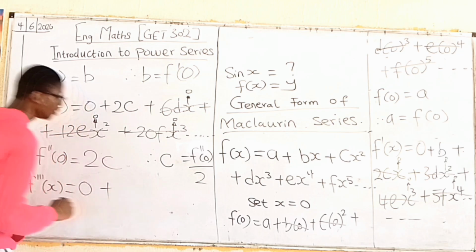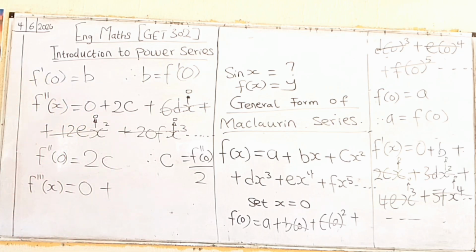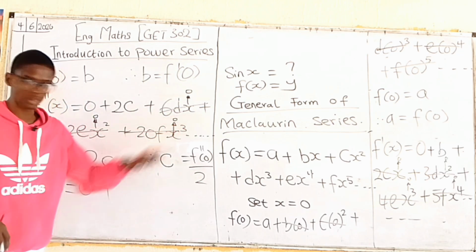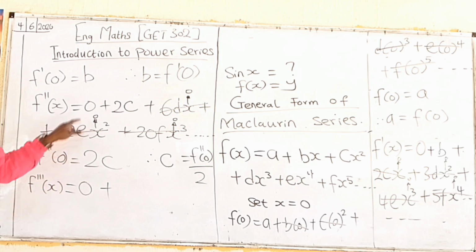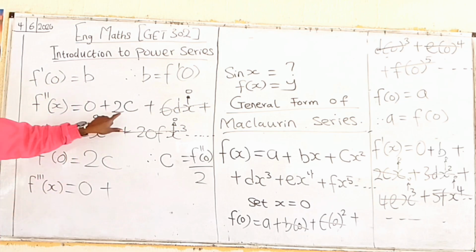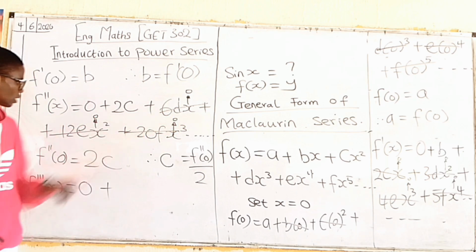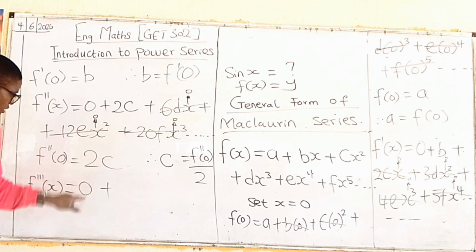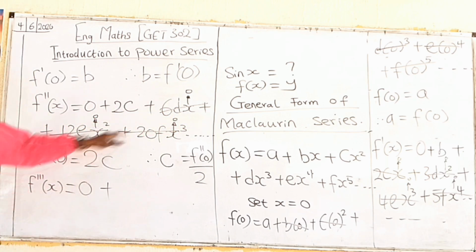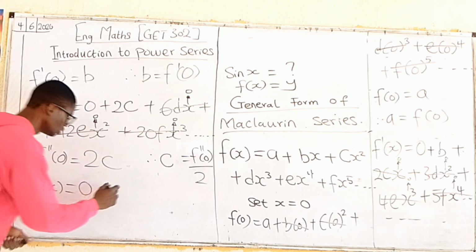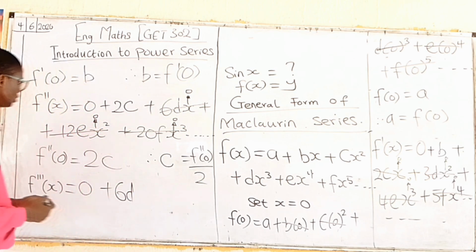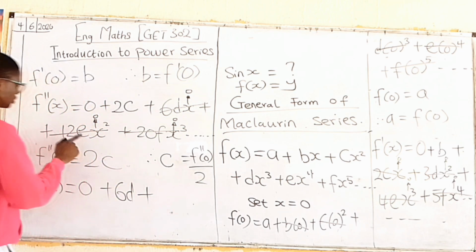Plus, what next? Are you sure? If you differentiate this thing, you have 0. No, this one is not necessary. We are talking about this one because this we already know is 0. This place I'm talking about, we have differentiated this to get 0. Differentiating this, we have what? 60. Okay, plus.